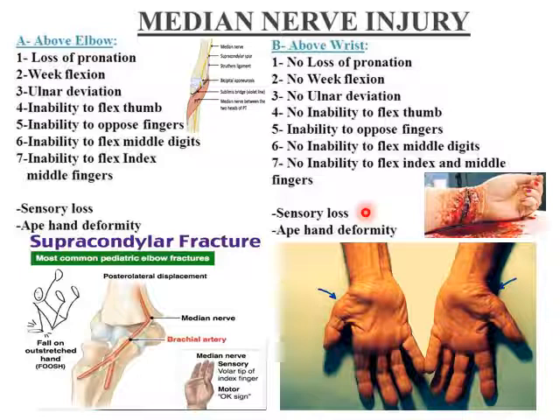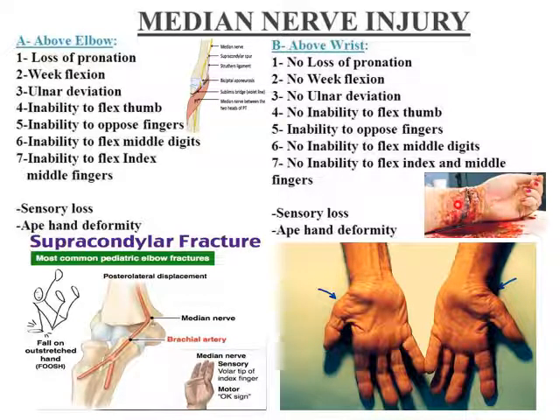So it depends on where the injury is at the wrist. That is, if it is just at the flexor retinaculum, the sensory loss is preserved to the thenar eminence or at the central part of the palm.